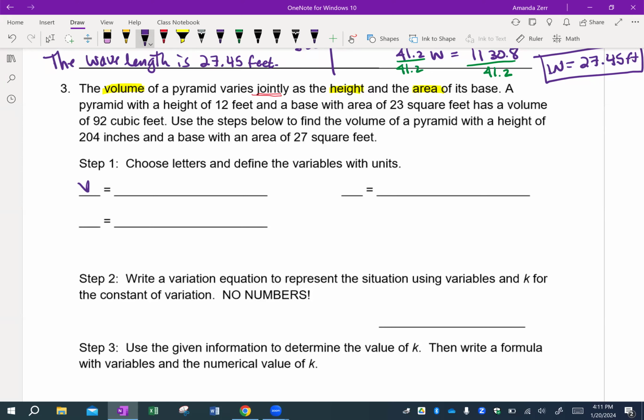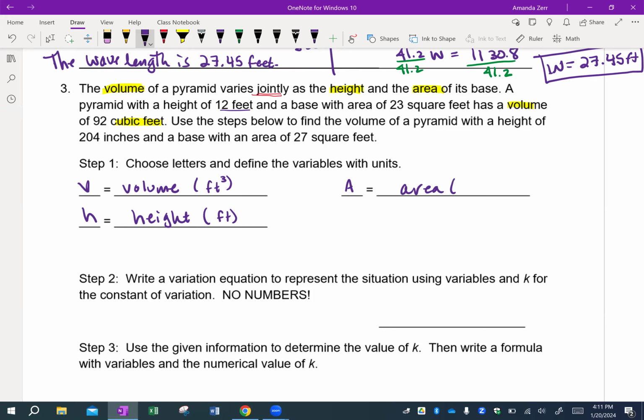We've got V for volume, and that is in cubic feet. And we also have height. And the height is in feet. And we're also talking about area.